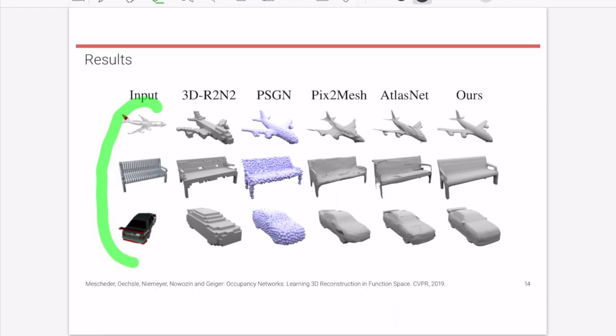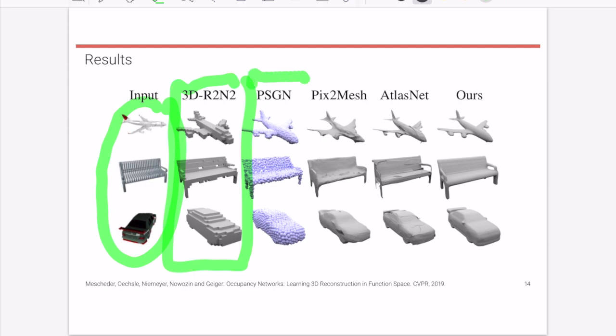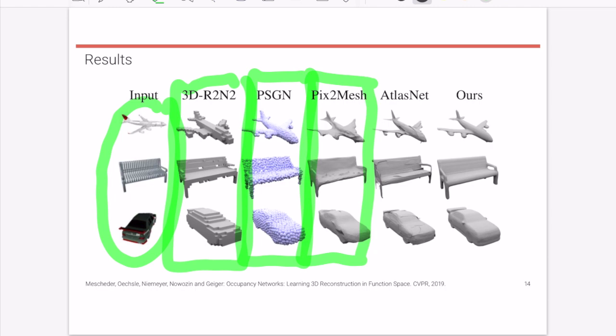This is the original input image, of course a single image. This one is image to voxel representation using a deep neural network, this one is image to point cloud, and this one is image to mesh.